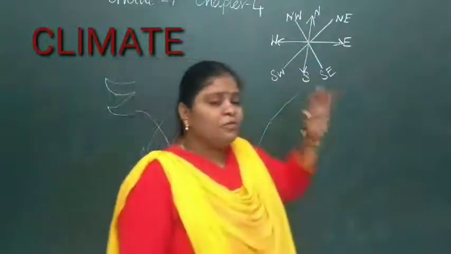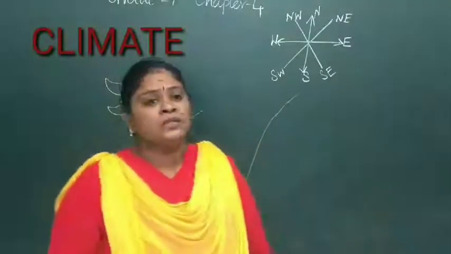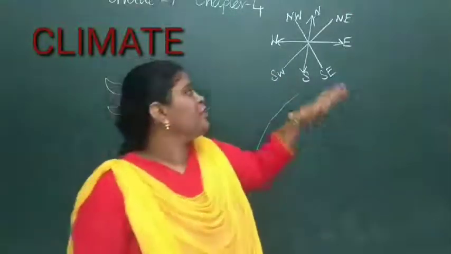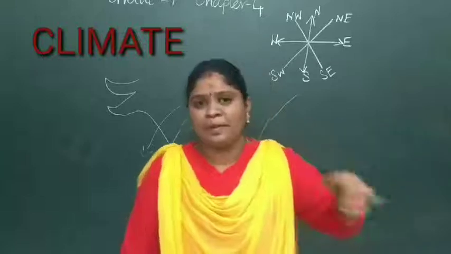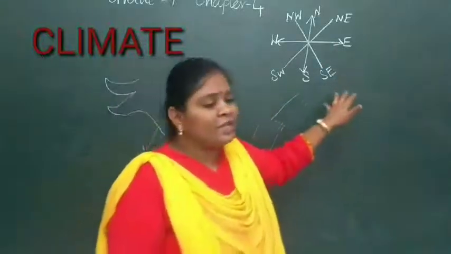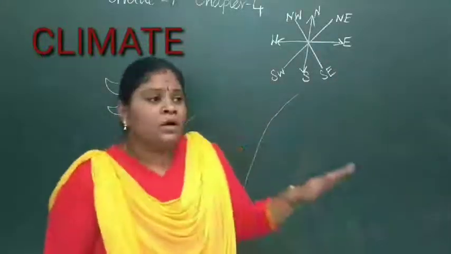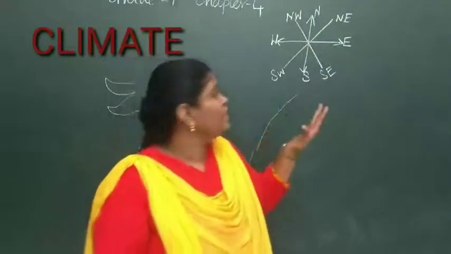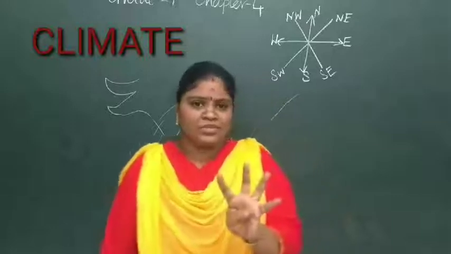Before getting into the cold weather season, I hope your lower class teacher might have explained these things to you. Even so, I am explaining again, because this is very important for us to know while we are learning this chapter. In your lower classes you might have studied only 4 directions. Do you remember?